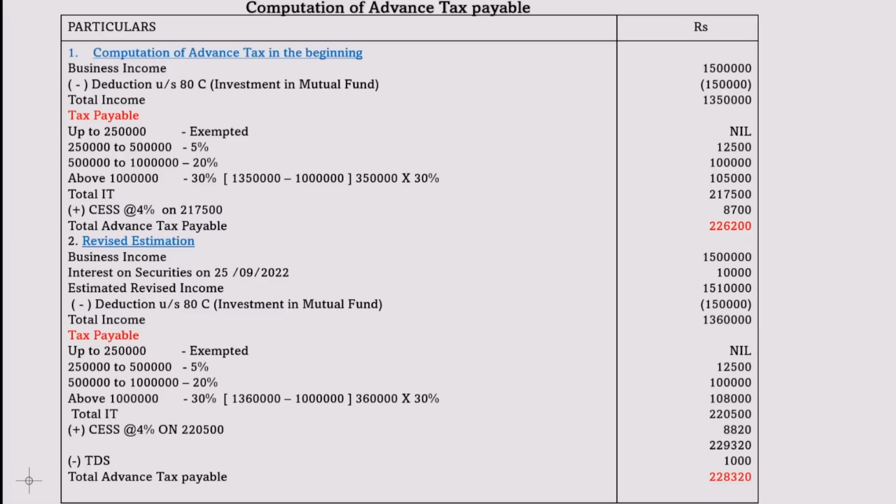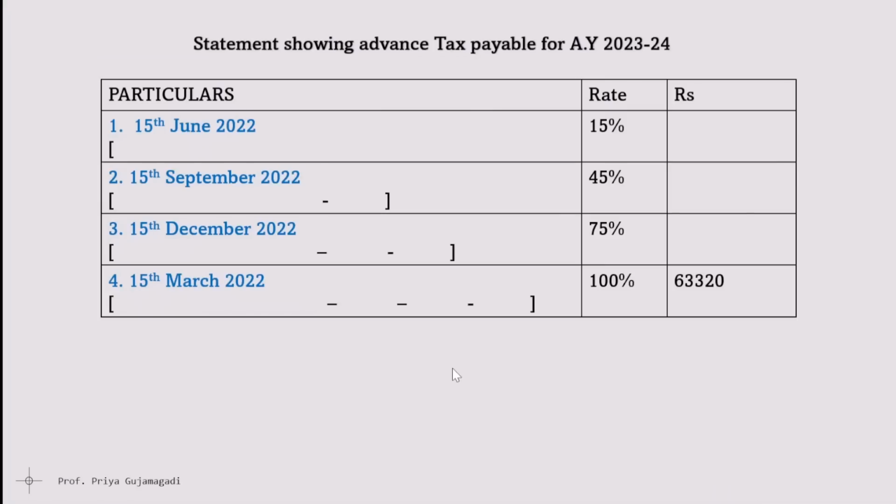advance tax now. Statement showing advance tax payable for assessment year 2023-24. So the installment dates we know, rates we know. On that we have to calculate. 2,26,400 into 15%, 33,960. This is the payable amount.